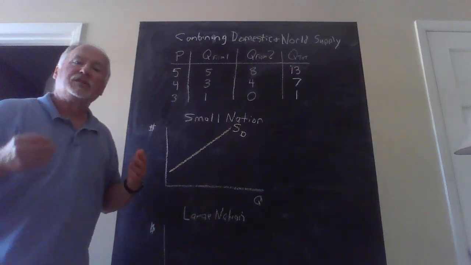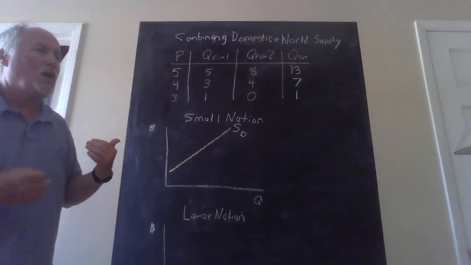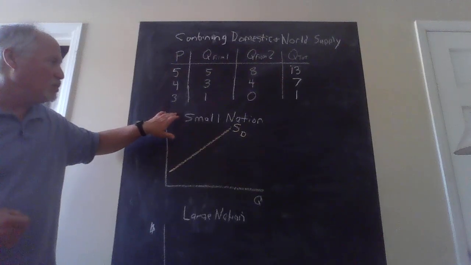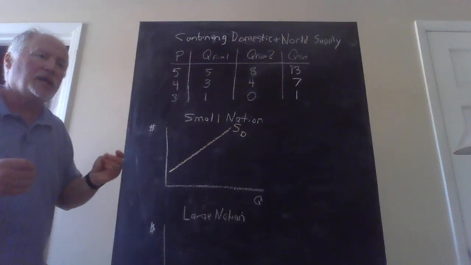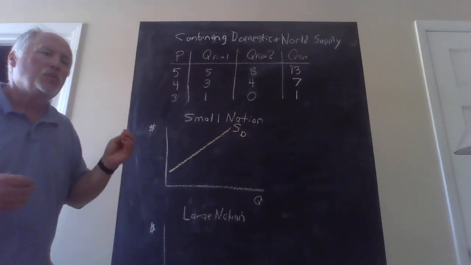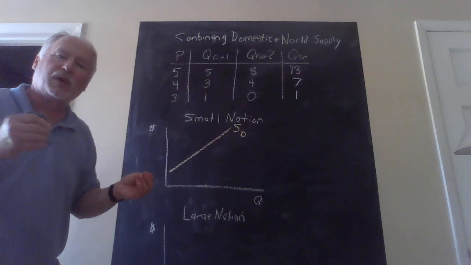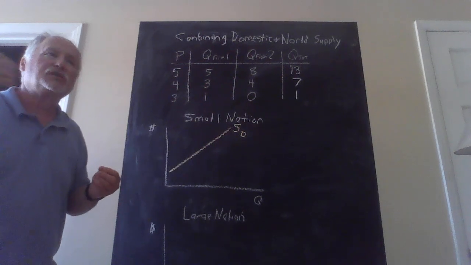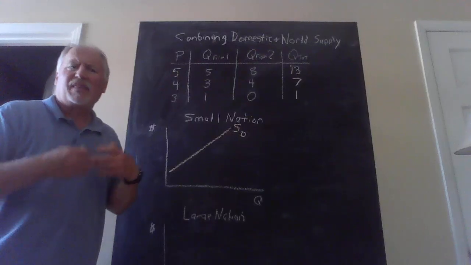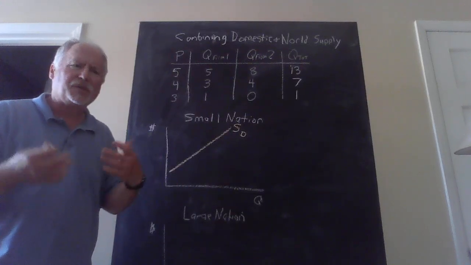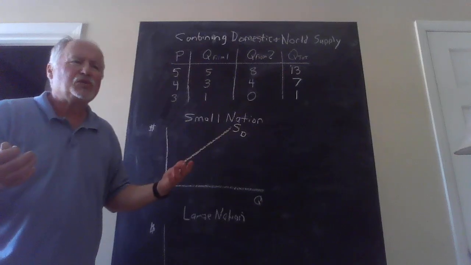Now what we have to do is add in the supply curve for the rest of the world. Well, in this first case here, we'll take what we'll call a small nation. In international trade, a small nation would be one that can import or buy as much of the good as they might want from the rest of the world without driving up the world price. That's an extreme case, probably beyond what you'd ever observe in reality, but you also sort of see it.